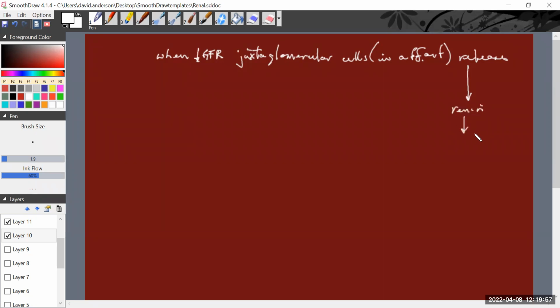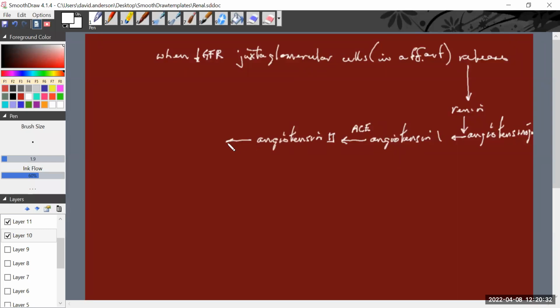And renin, we know, is going to convert angiotensinogen to angiotensin 1. And angiotensin 1 is going to get converted to angiotensin 2 through an enzyme called the angiotensin converting enzyme.